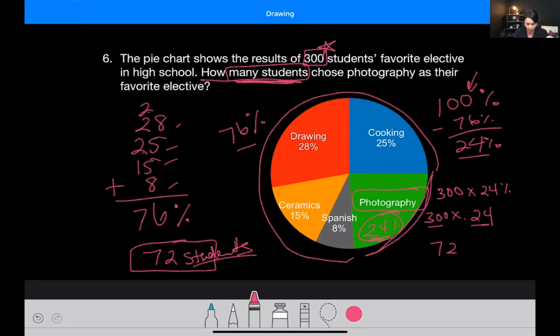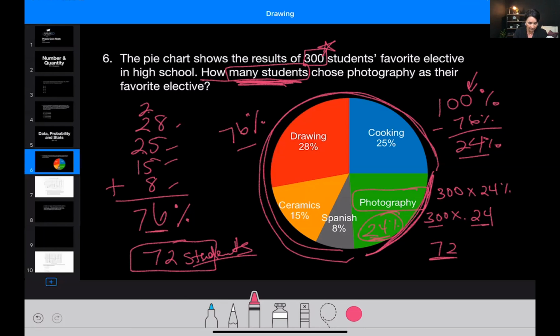That gives me a total of 76. Well, if this is 76, then this piece right here for photography is 24%. But I'm not looking for percent. I'm looking for how many students. So 24% of 300 students chose photography. So I take 300, multiply it by 0.24, and I get 72 students chose photography.